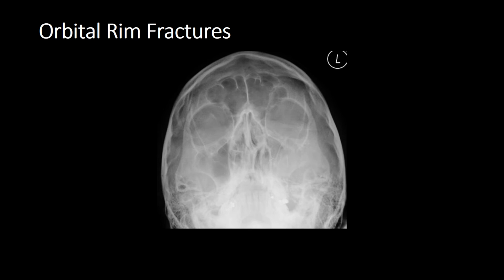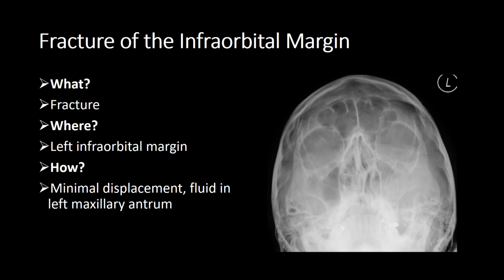And we've assessed the soft tissues. So let's move on. So what is it? It's a fracture. Where is it? Left infraorbital margin. How? Minimal displacement, fluid in the left maxillary antrum.